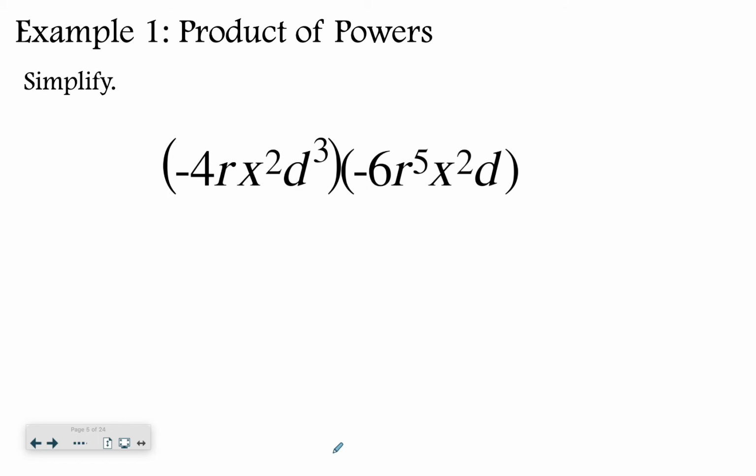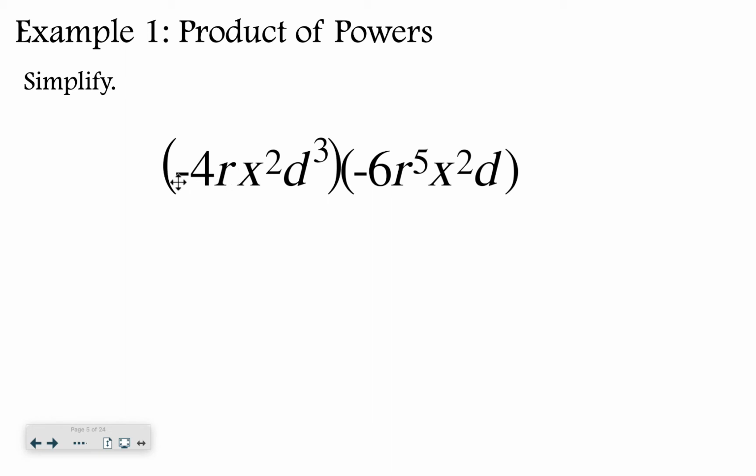Now, let's look at a problem that you will see, something like this. The first thing you want to do with product of powers is take a breath. For some reason, in this lesson, students see all the letters and all the exponents, and it makes them sometimes panic. So take a breath, and then let's talk about how to do this.